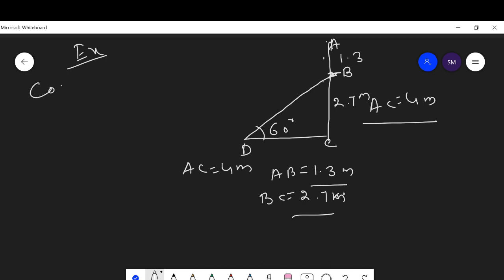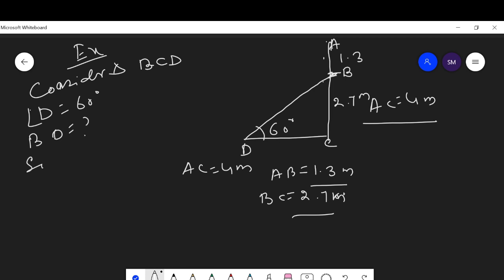Let us consider the triangle BCD. Here the angle of elevation, angle D, is given as 60 degree. As you know, we have to find the length of the ladder, which means we have to find BD.